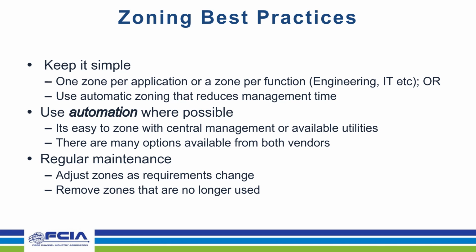Zoning is not just for partitioning; what it achieves is the security of your data, because it limits the access to particular data sets to only the servers that actually need it. And that is a very important function of zoning.